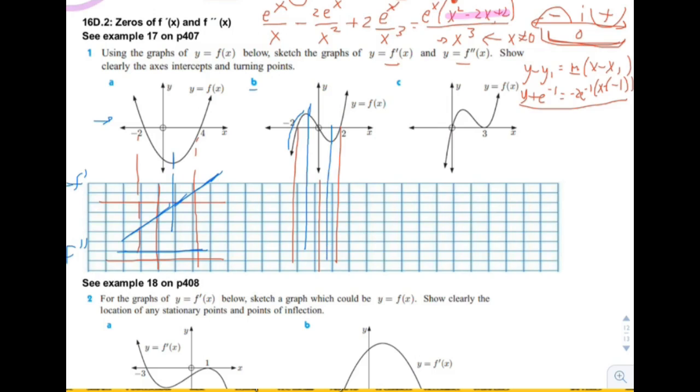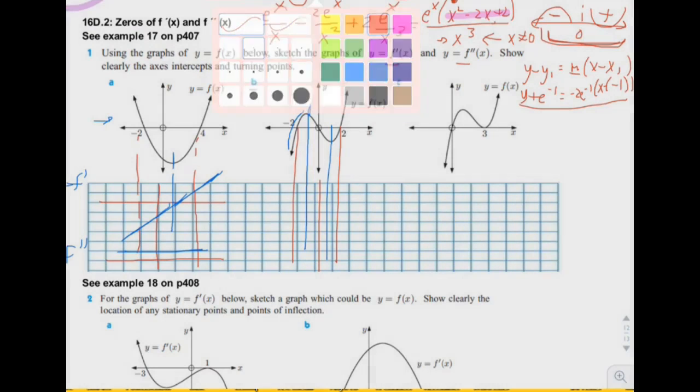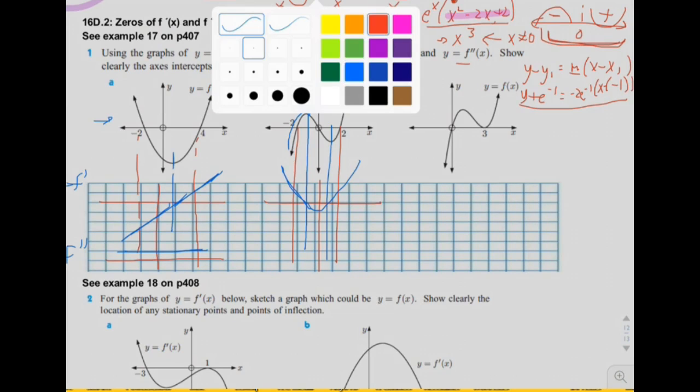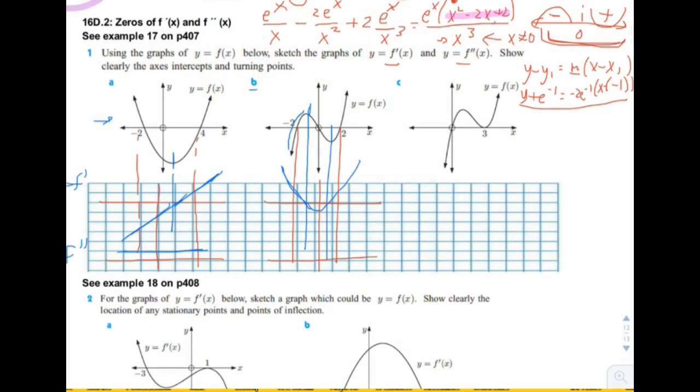So let me draw my other axes here for the f dash, and I'll go back to blue again. I have a positive slope until it gets to here, and then it becomes negative for a while until it gets to here, and then it becomes positive again. It's a parabola.